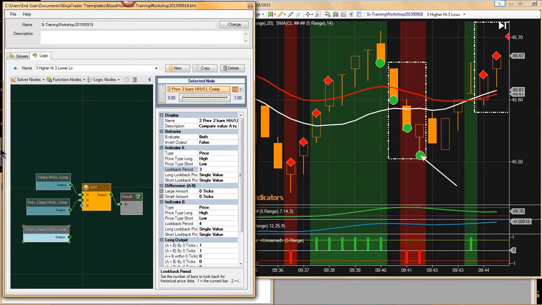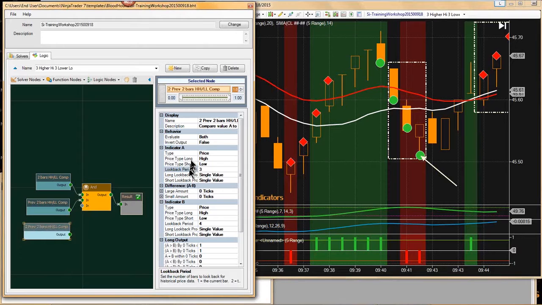Looks like George is asking, what if I wanted to use a longer look back? For example, if you wanted to find 10 higher highs or 10 lower lows in a row. He's asking, is the only solution to just create daisy chains? And yes, as far as BloodHound's concerned, you just create a daisy chain of that.